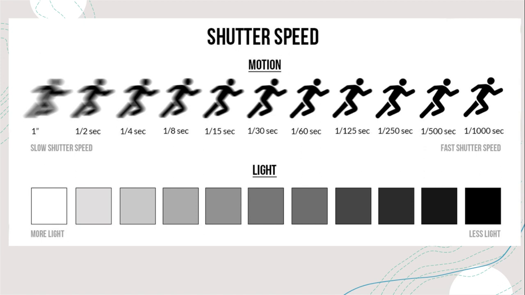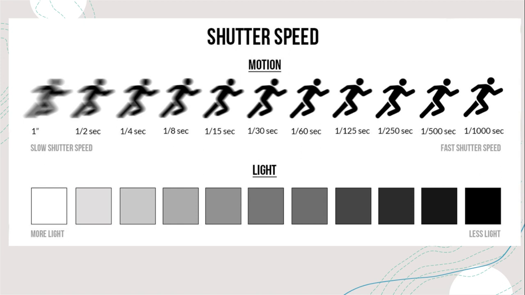As the lower fraction increases, that's basically a slow shutter speed right there. So it creates this motion blur effect. And the faster shutter speed creates this quick, very vivid image, and you can see it doesn't have the blur on it.